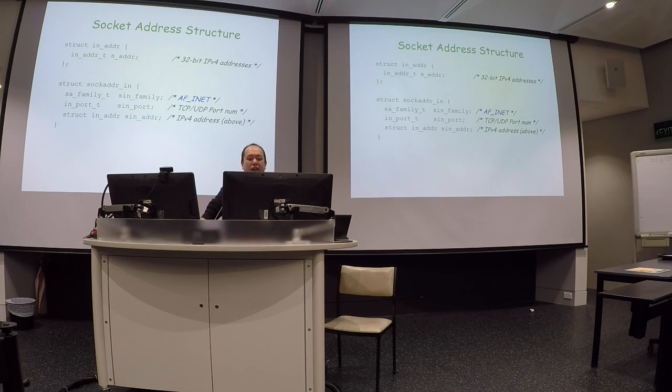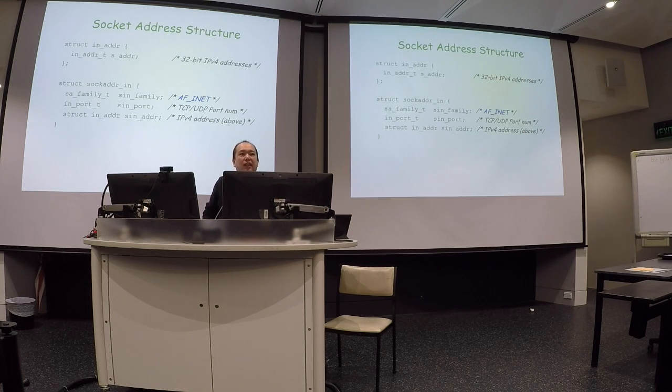In other words, the first byte of your Internet address should contain the most significant bits of that address, and the last byte should contain the least significant bits of your address. This is also the same for the port number. We have 2 bytes for the port number, and the first byte should contain the most significant bits of the port number. That is the network byte order.